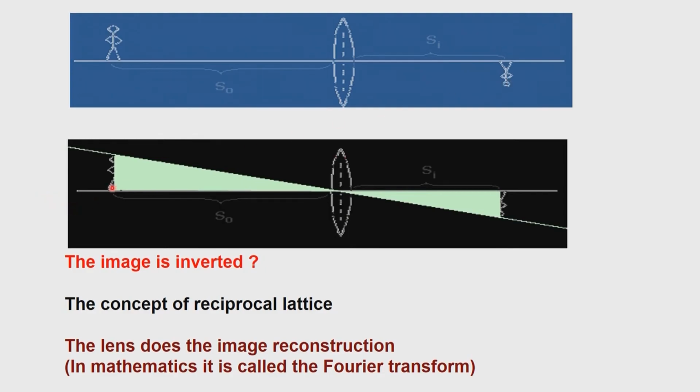What is happening is that this object went through this focus, and therefore this is the focus of the lens and you get the object image, and you see the image of the object gets formed in an inverted fashion to the existing object. And this brings us to what is known as the concept of reciprocal lattice. We will talk about the reciprocal lattice in more detail as we go to the discussion of what happens with X-rays.